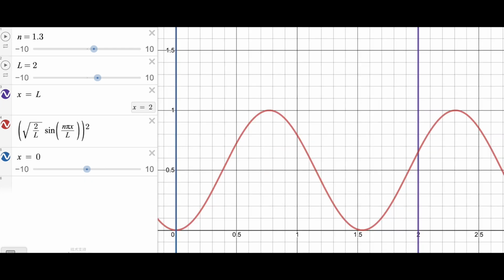However, if we change the n value to something that is not a positive integer, such as 1.3 in this case, by analyzing the graph, we can see that there is some possibility that the electron is outside the box, which is not true in this case because we know for sure that there's a 100% chance that the electron is inside the box, which means that this wave function is not a solution to this model itself.